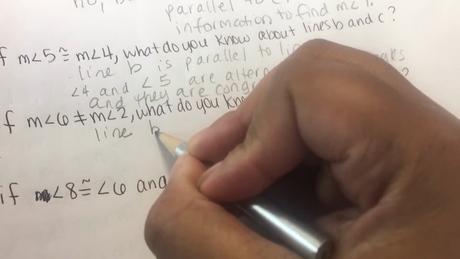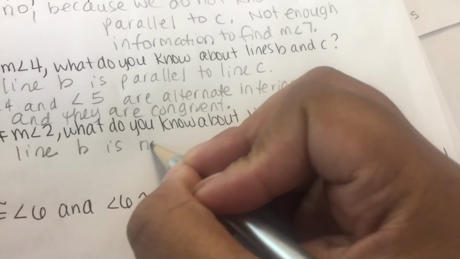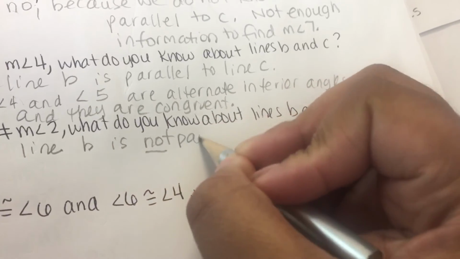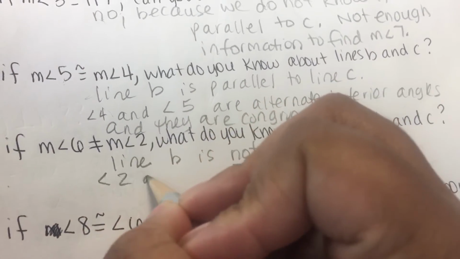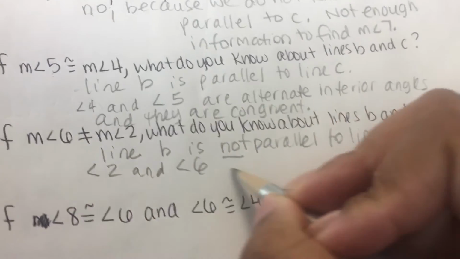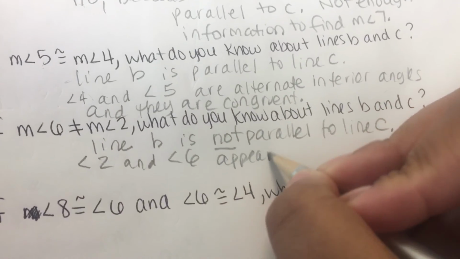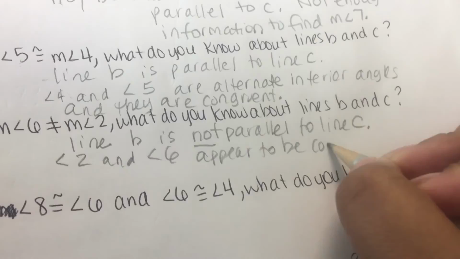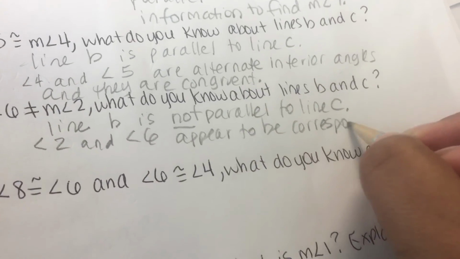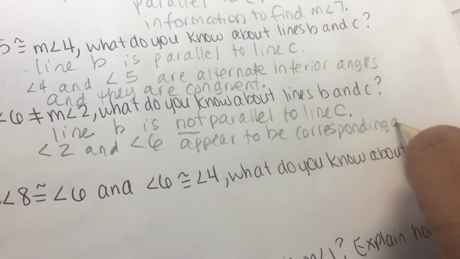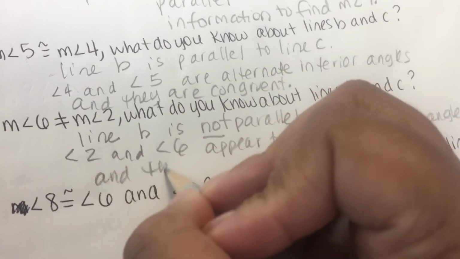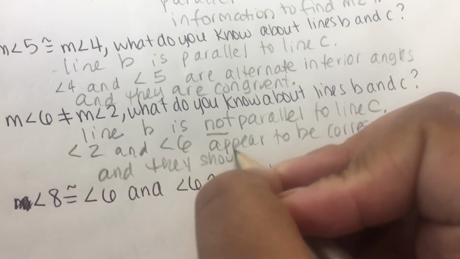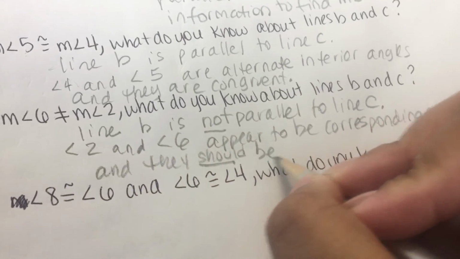So you would say line B is not parallel to line C. Angle 2 and angle 6 appear to be corresponding angles, and they should be congruent.